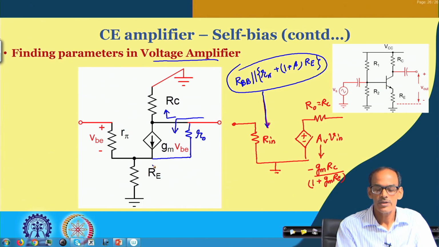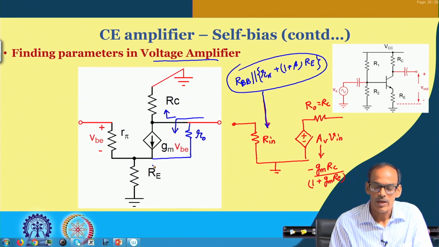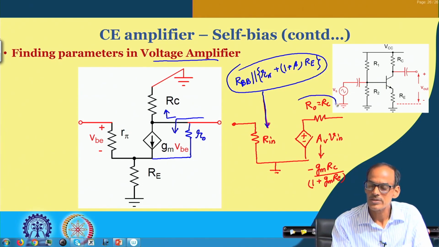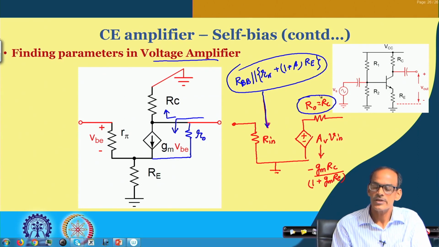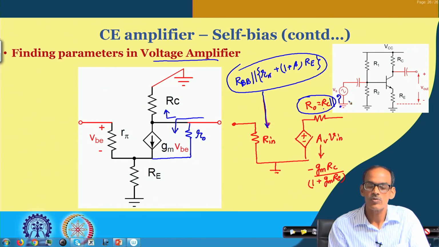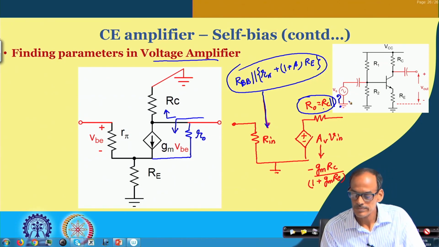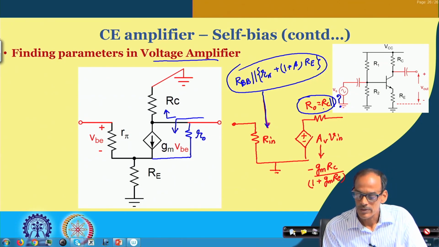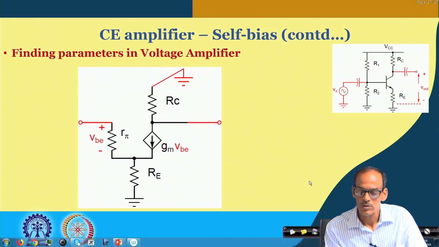That will change the expression of the output resistance. In fact, it will make the output resistance Rc in parallel with some other component. So let us see what that component is. I think I have the next slide to discuss that.